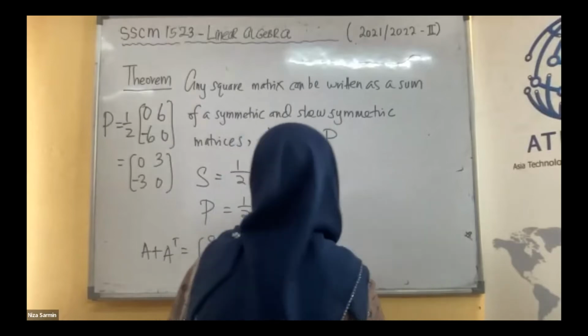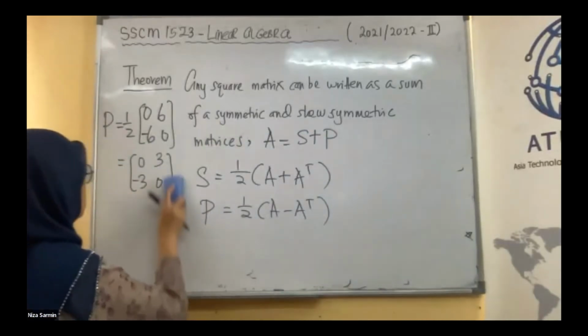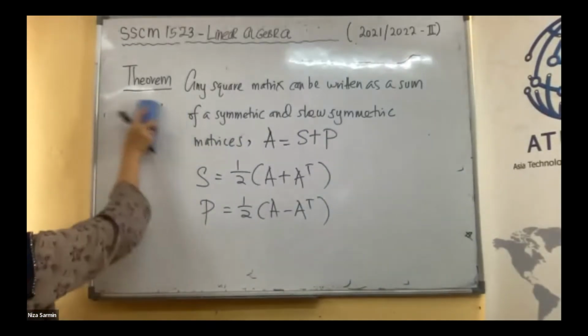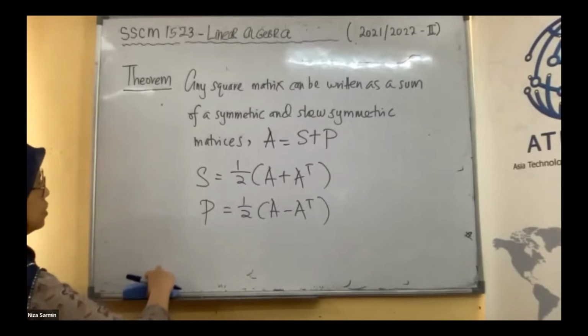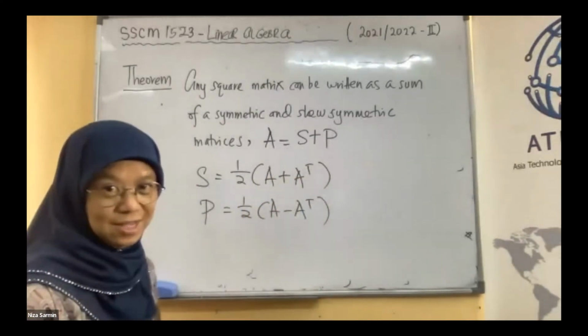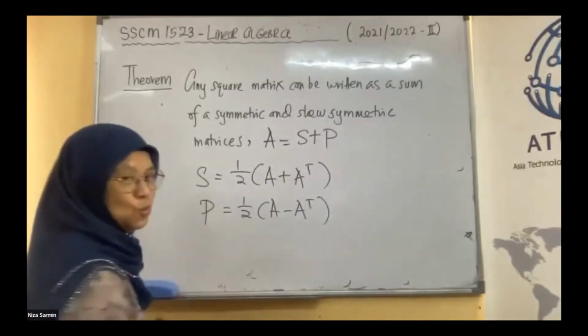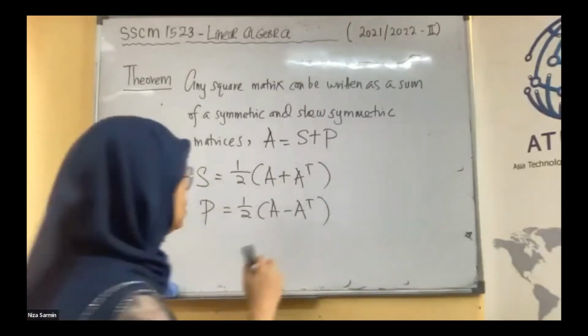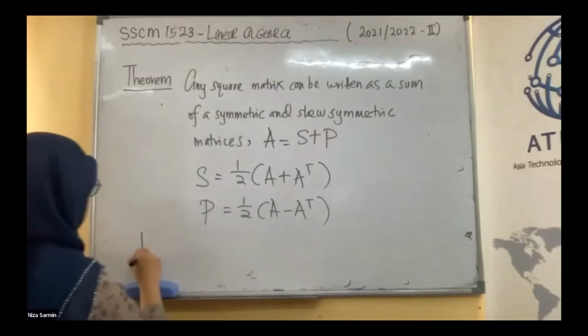Alright, okay. So what we will do now is to prove, yeah? To prove, first, I want to prove that A is S plus P. Very easy. Just add these two. Add these two. So, proof.